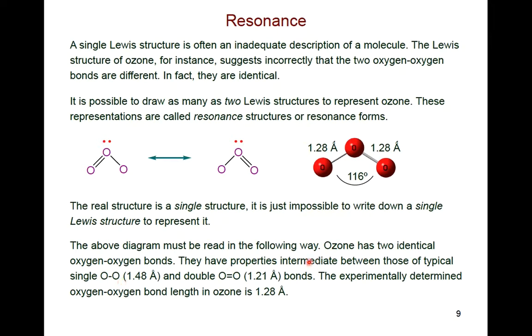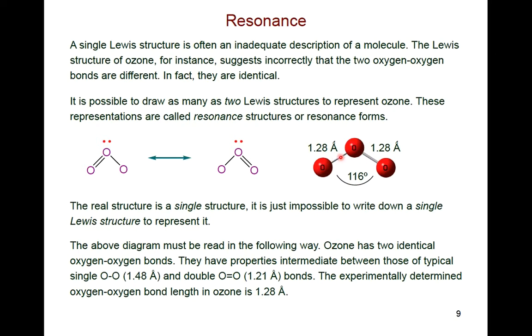But even more interesting than that, ozone has two identical oxygen-oxygen bonds, and those bond distances are intermediate between what we would expect for a single bond, which is about 1.48, and what we would expect for a double bond, which is 1.21. Experimentally determined distance is 1.28.